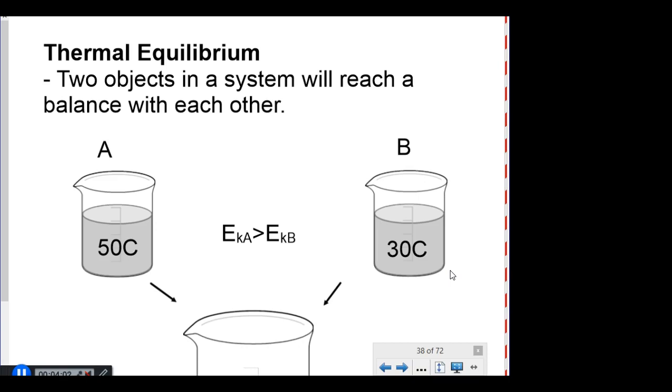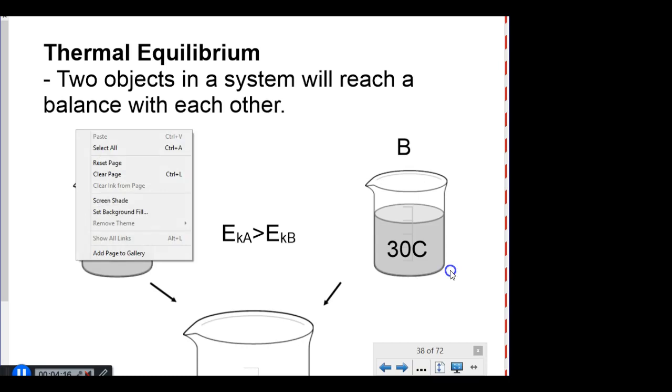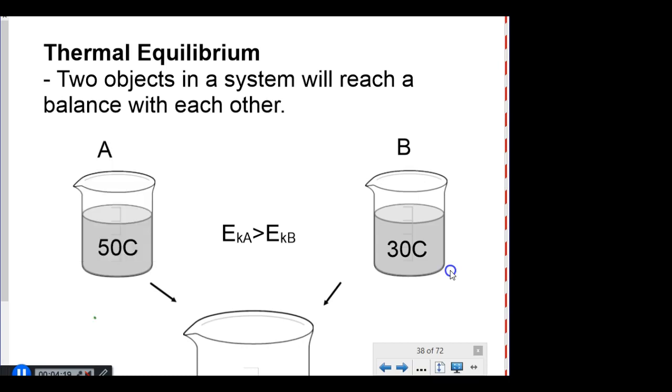The heat from the particles in beaker A is going to be transferred to the water particles of beaker B. And because these water molecules in A are slowing down, and these particles of water are going to speed up, logically, we should be somewhere in between 30 and 50 degrees when we mix them together. Because we have the same amount of water in each beaker, we can predict that it's going to be halfway in between.